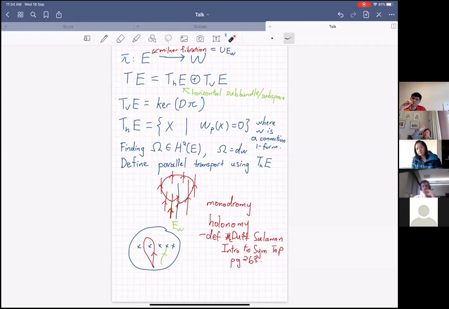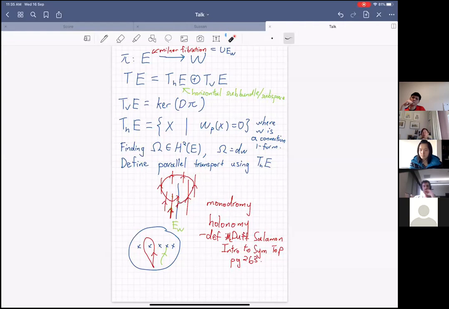If you think of the cylinder as a vertical straight line and S1, which is R modulo Z, and your connection is pi over 4, then the holonomy will be adding by 1. So that is a monodromy.